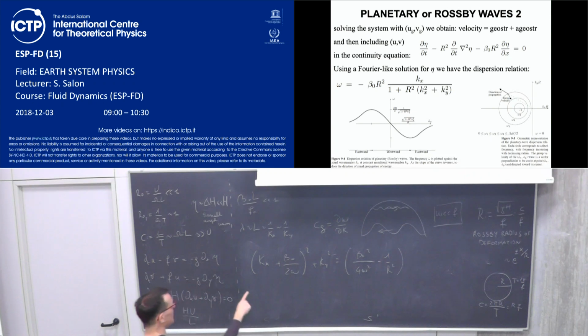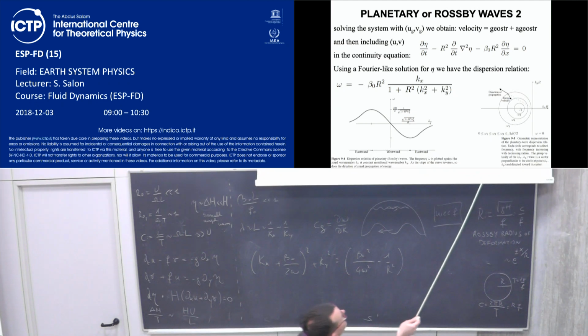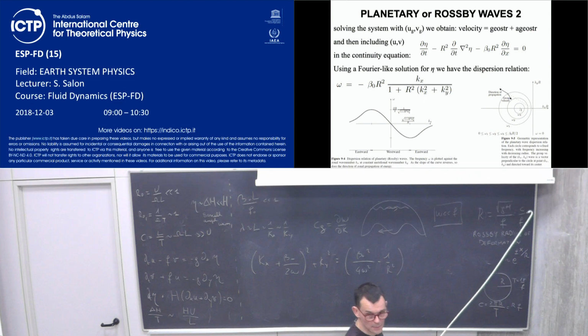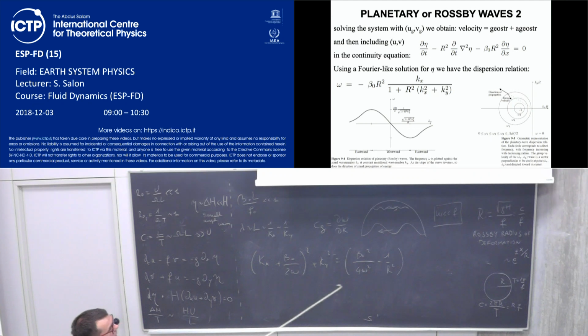This is just a rewriting of the dispersion relationship, keeping in consideration the fact that we are plotting it on a chart which has kxr and kyr as dimensionless axes.